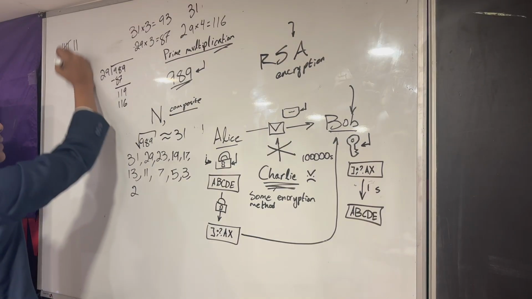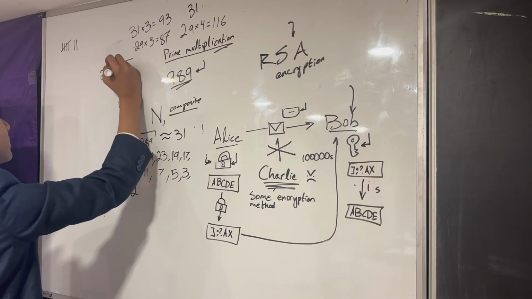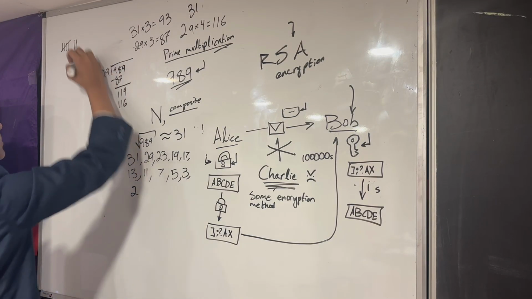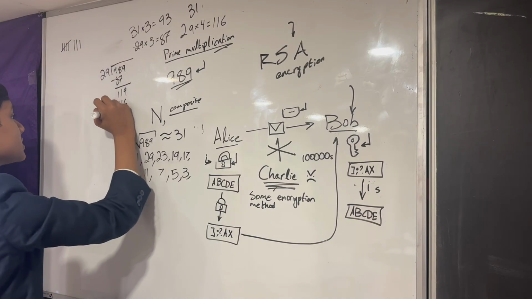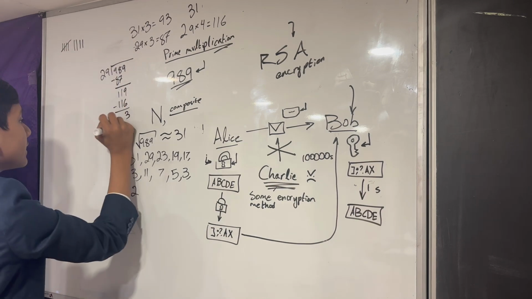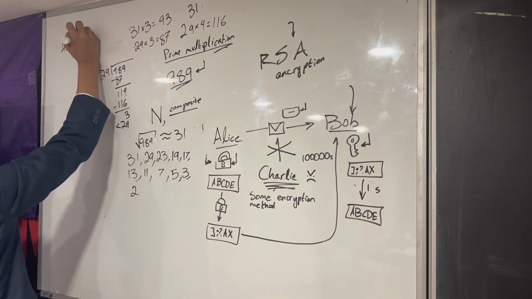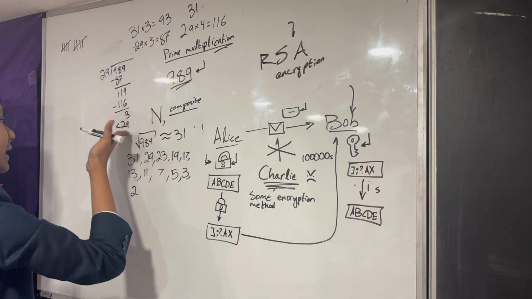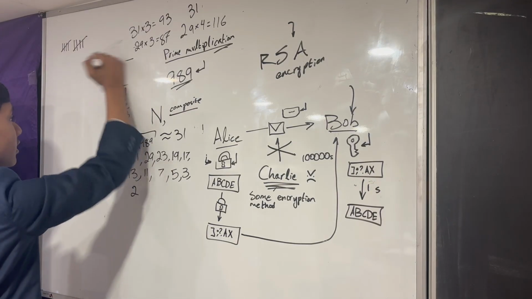Actually, this subtraction was another step. This was a third step. And subtracting it again to get 3 takes a fourth step. And then the comparison, the fifth step, shows that this is not divisible.